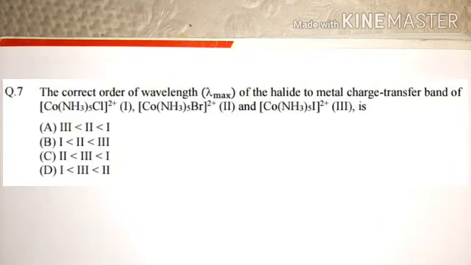In the first it will be chlorine, in the second bromine, and in the third iodine. So we want to find the order of ligand to metal charge transfer wavelength. And we have four options, A, B, C, D. Understand friends? Okay, so let's do the solution of this question.